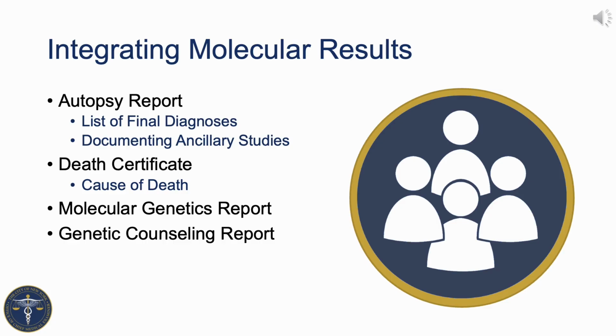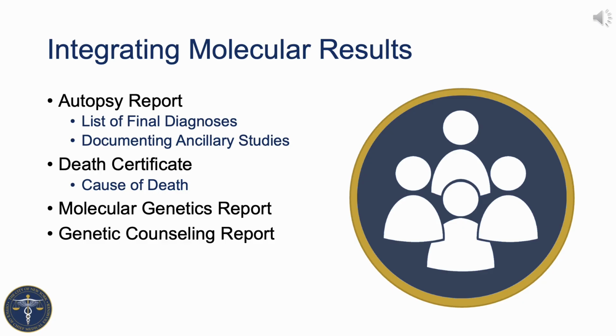The structured autopsy report includes a list of final diagnoses and also documents the ancillary studies which were performed. In cases where the molecular genetic results fundamentally underpin the underlying cause of death, there is a strong case to be made for including the molecular genetic results in the final diagnostic list of the autopsy report itself, in addition to the separate molecular genetics report.